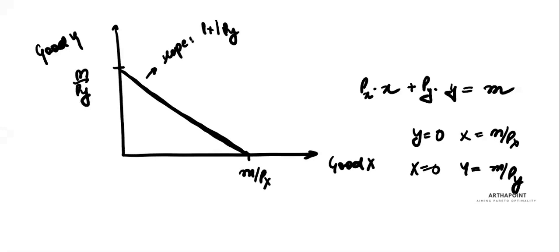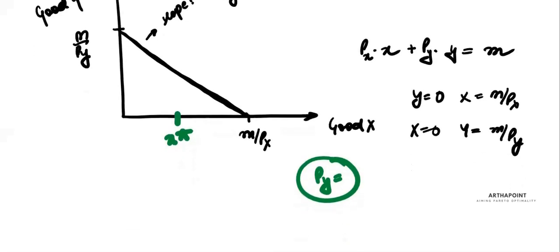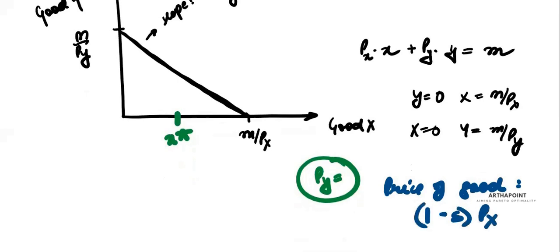Now, it is saying that till this X star unit, the price of good Y is PY only. PY is the same. But the price of good X is 1 minus S into PX.